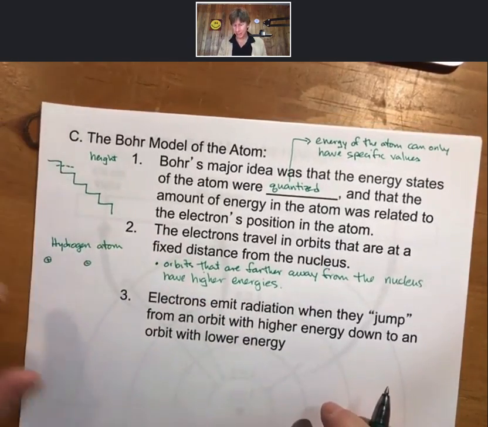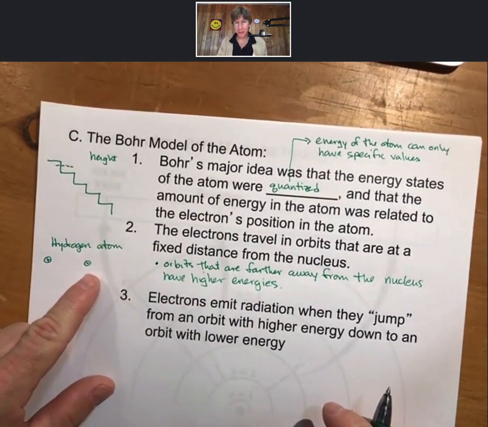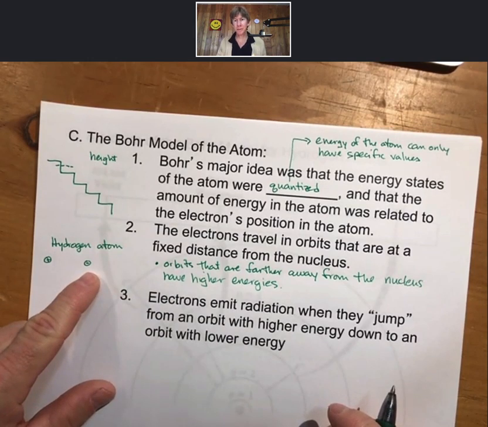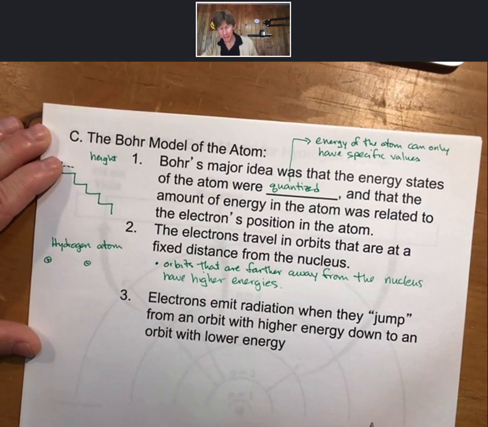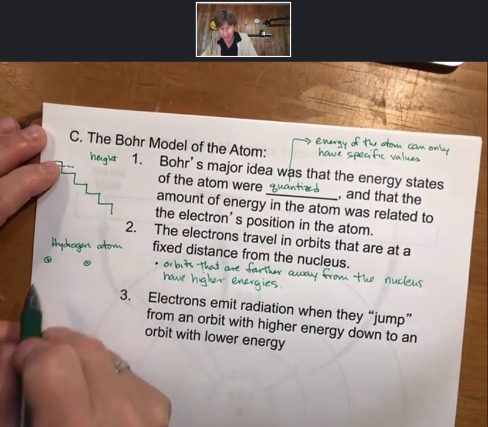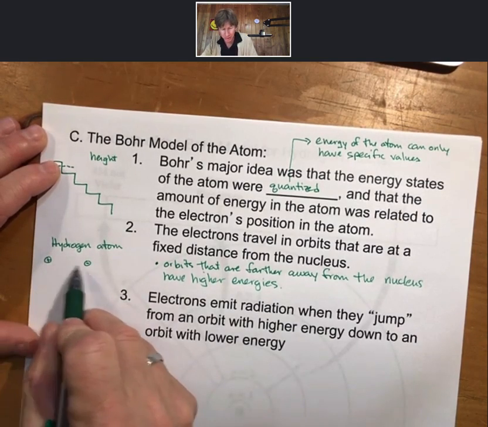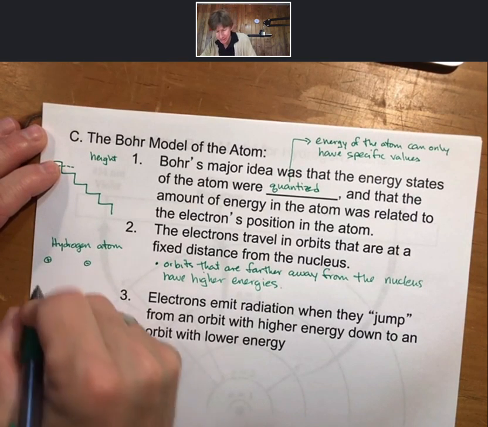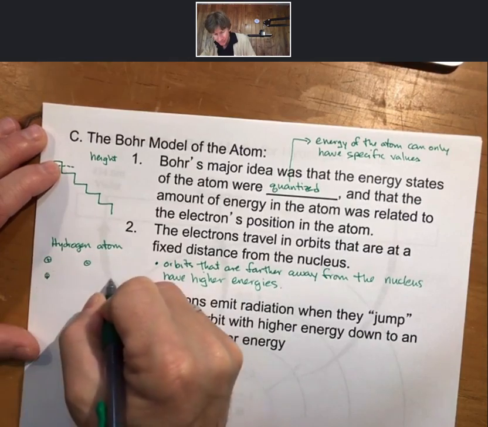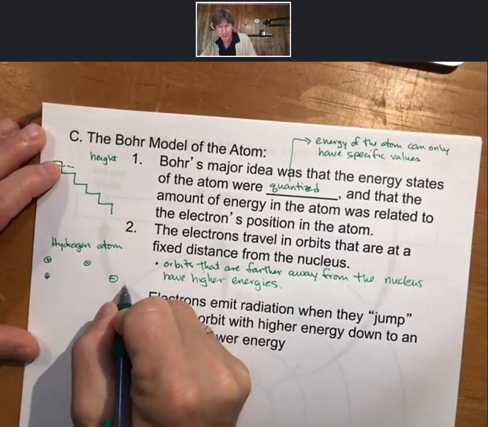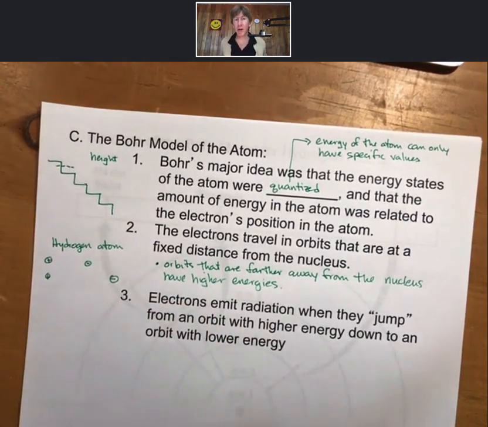We can think of this as a positive and a negative charge. And we've talked before about which would be a higher energy state, a positive and a negative charge with this distance, or a positive and a negative charge with a larger distance.